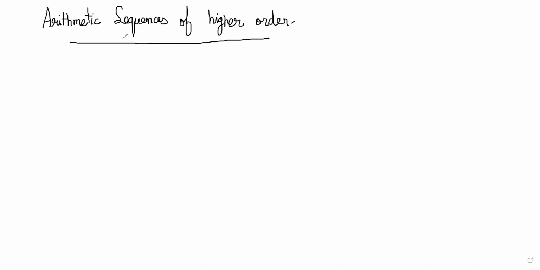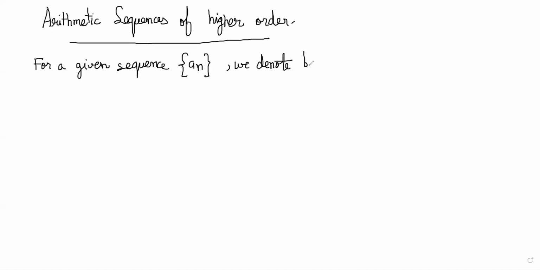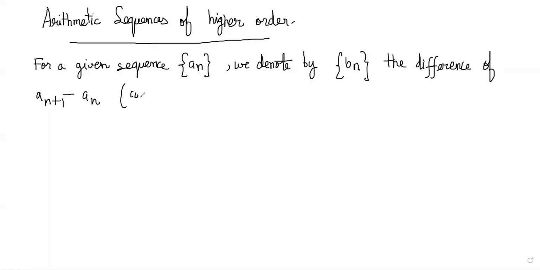Okay. So the first thing is, let's try to understand the definition. For a given sequence An, we denote by Bn the difference An plus 1 minus An, which is the difference of consecutive terms of An.